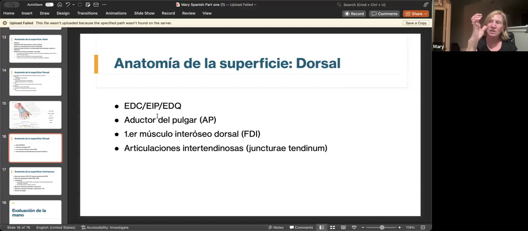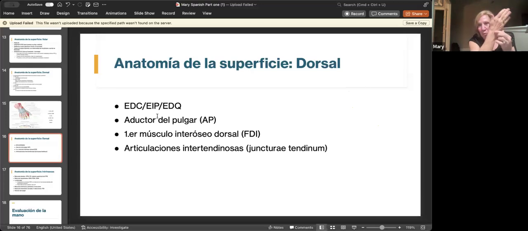And again, it has to work together. But in addition, all the fingers have the EDC, but the index finger also has its very own extensor, and the small finger has its own extensor. So the index finger, you can point like that and have the index finger straight. But if the other fingers are flexed, you can't completely extend your middle finger, because for those, they all have to move together.